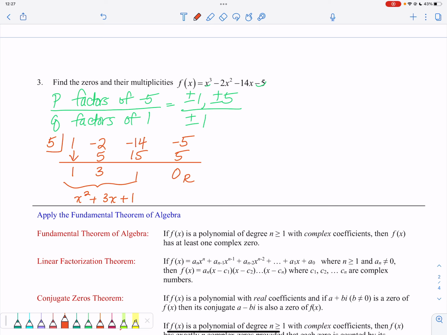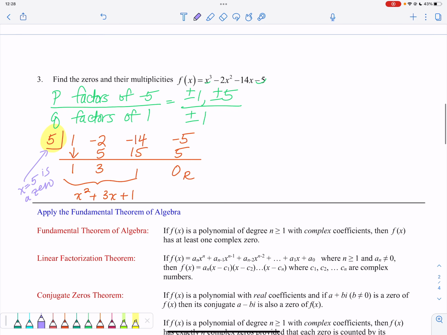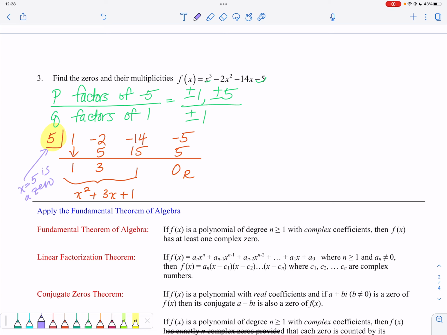So we already know that x equal to 5 is a 0. So we do need to find the other two zeros. So we're left with x squared plus 3x plus 1 equals 0.